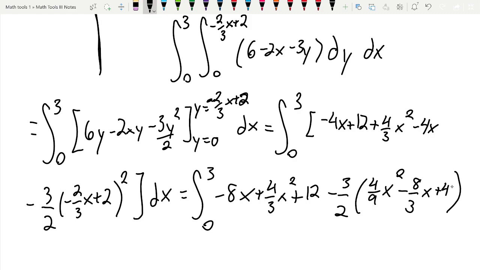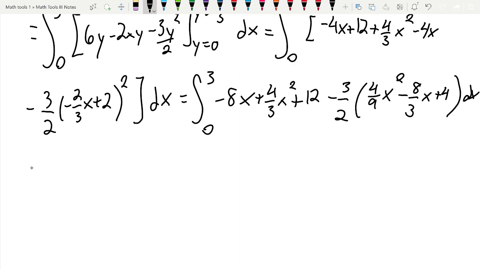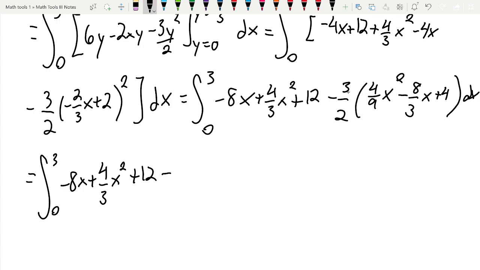Okay. dx. And then we can go ahead and distribute the rest of that. Okay, so the 3 and the 9 will simplify a little bit. 2 and 4. So it's going to be 2 on top over 3 minus 2/3 x squared. 3 and 3 cancel.